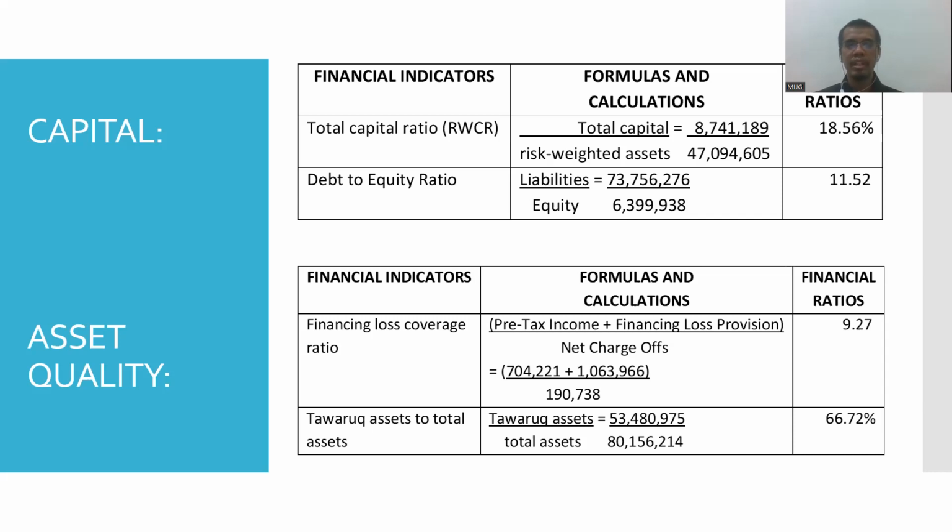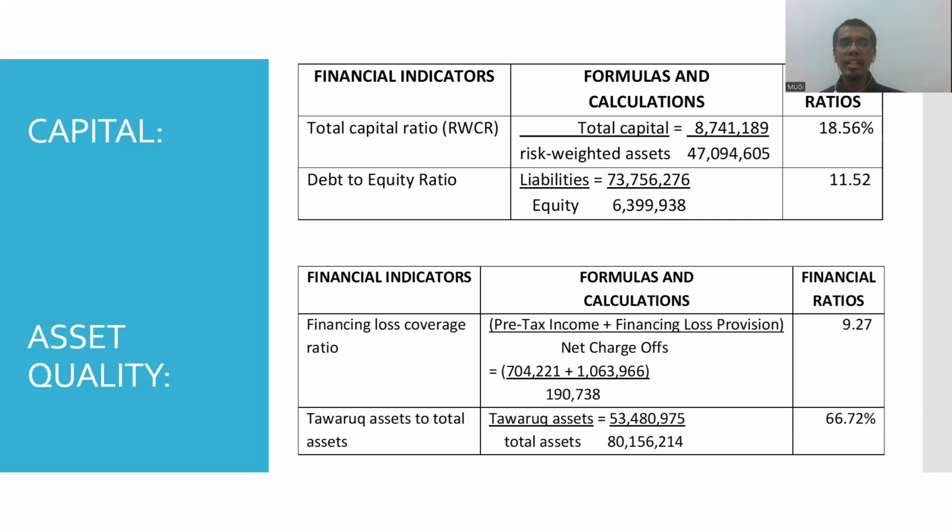The pre-tax income, I get the number from the financial statement, is the same as the profit before tax and zakat, which is 704,221, added to the financing loss provision. The financing loss provision I get is 1,063,966, and divided by the net charge off.